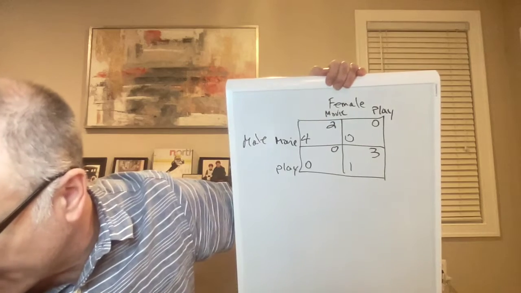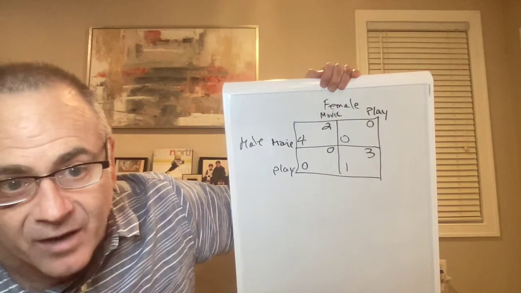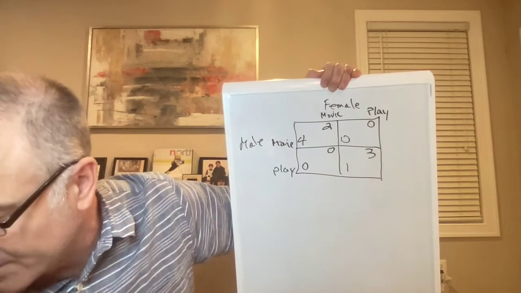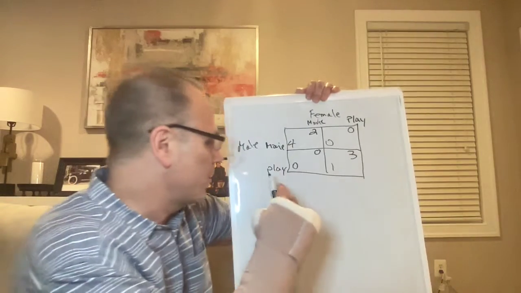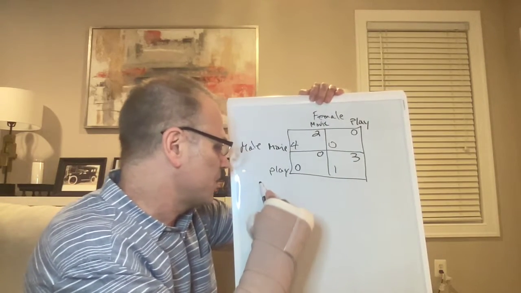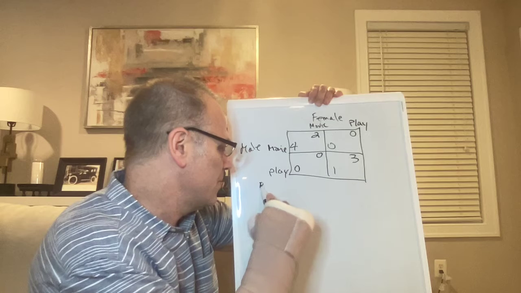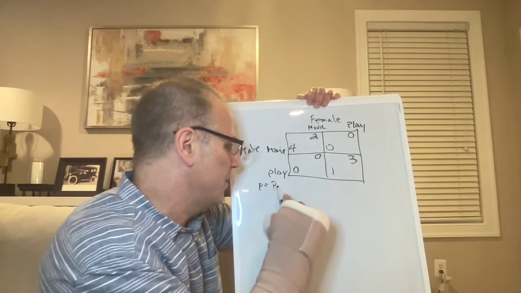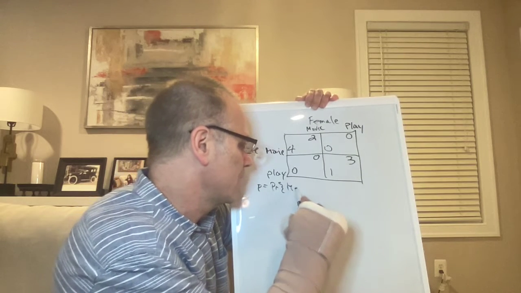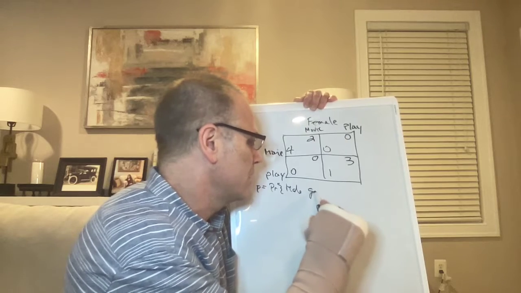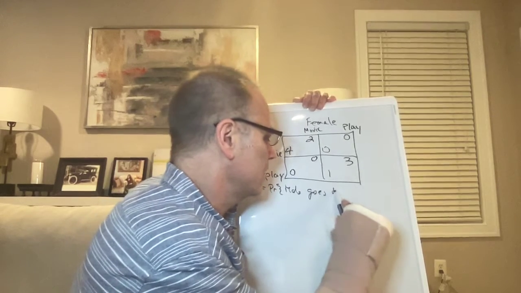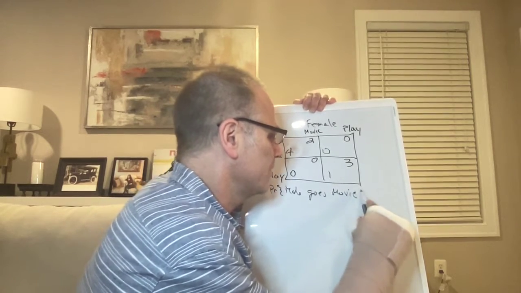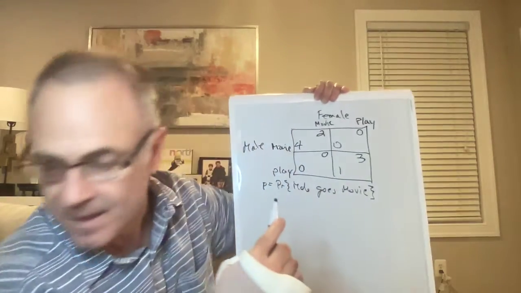Okay. So now, here's what we're going to do. So we're going to figure out first what that probability must be. So, okay, here is P equals probability male goes movie. Okay.